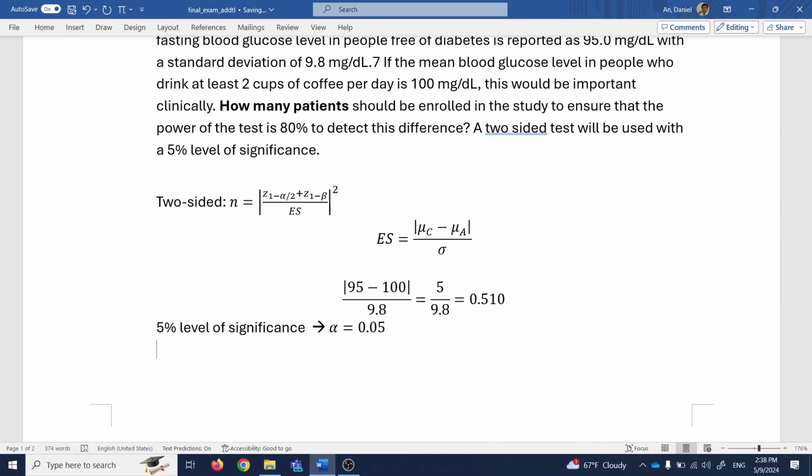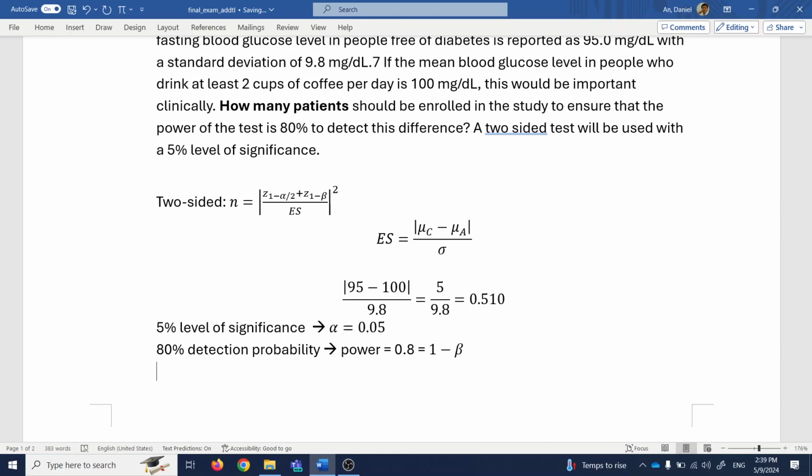And then 80% probability to detect this difference. What does that mean? That means the power is equal to 0.8, which is 1 minus beta.